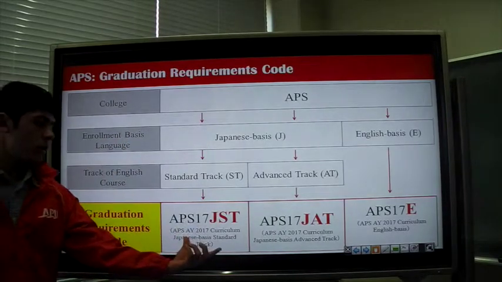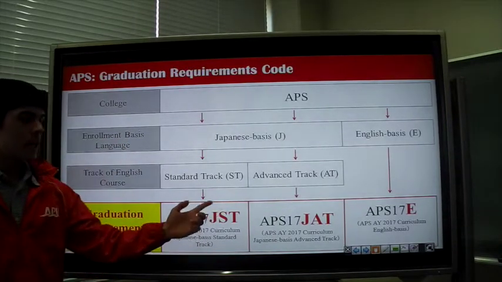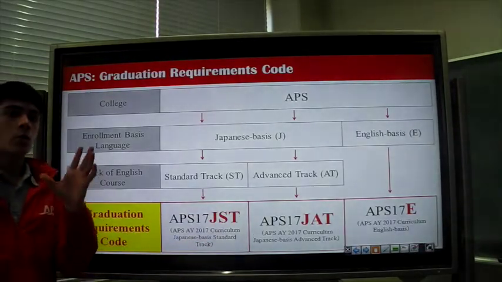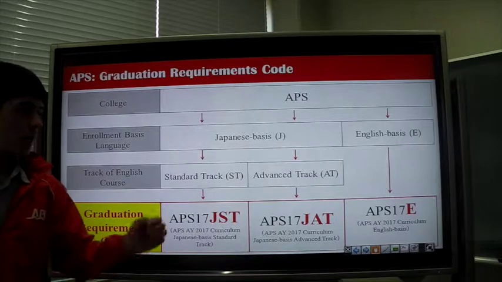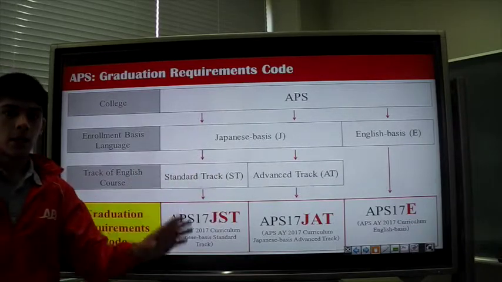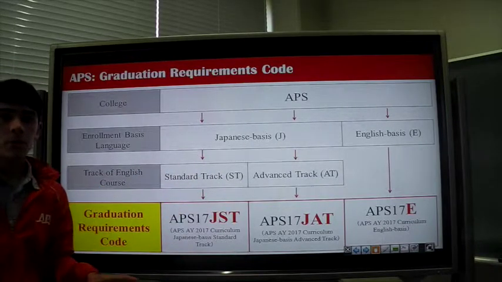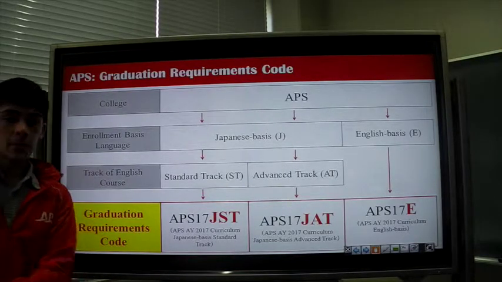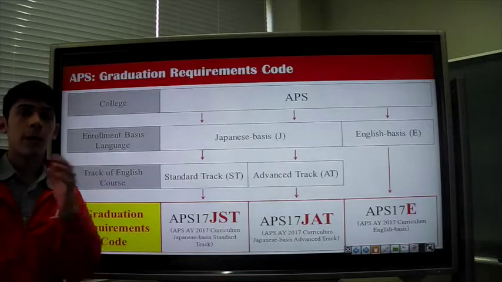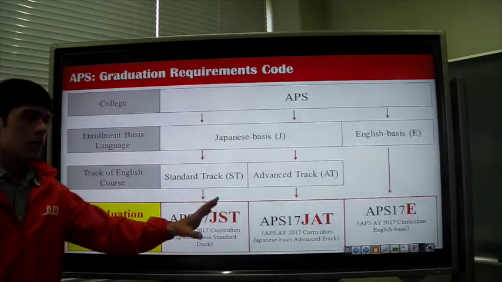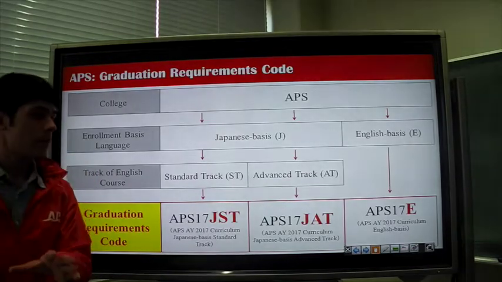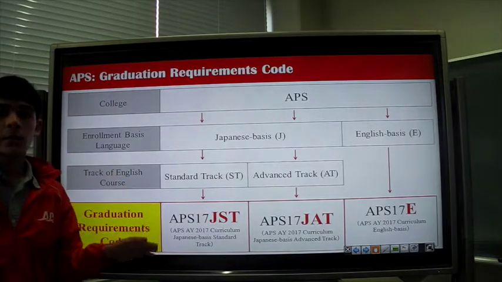JST and JAT are for Japanese basis students, and APS 17E is for English basis students who are APS students. You might see this code on your academic handbook or the information posted on the campus terminal. If you see this code, it means that information is specifically for 2017 enrollees who are APS English basis students.